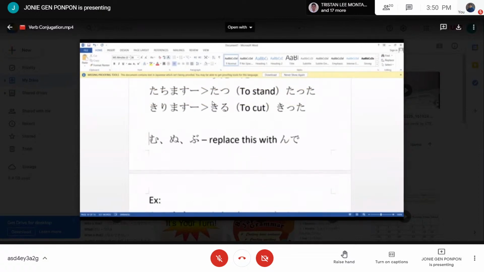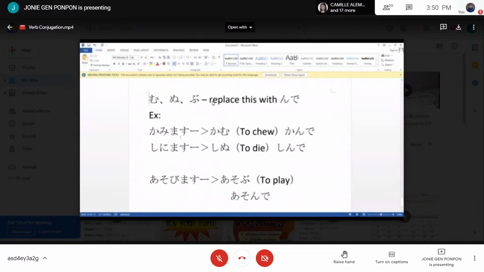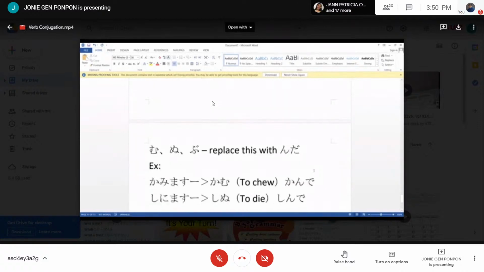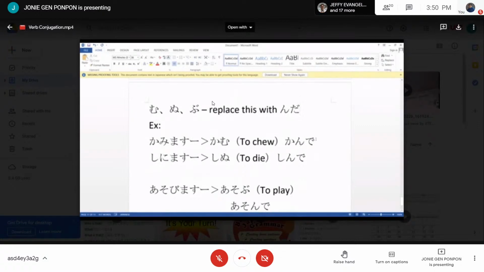So, for this one, for the mu, kamimasu, kamu, it will become kanda. Okay, this one will be da. Okay, kanda. For kamu, it will become kanda. Instead of kamimashita, you can use kanda for plain style.